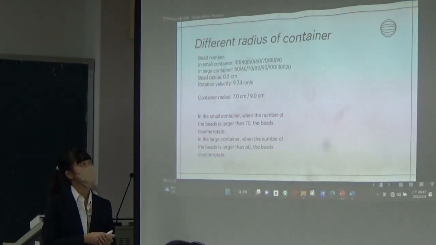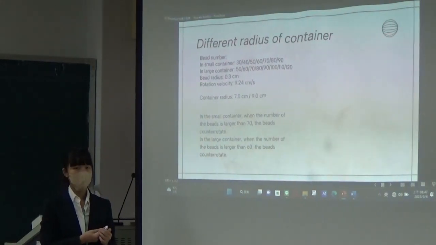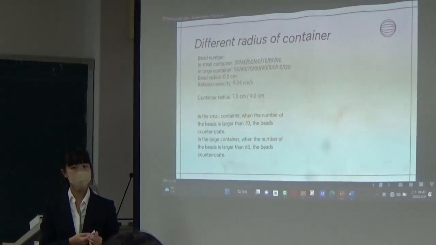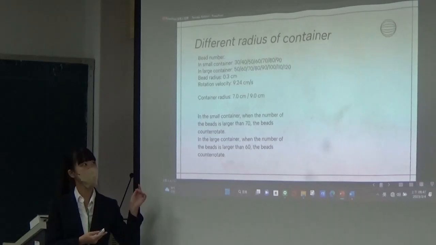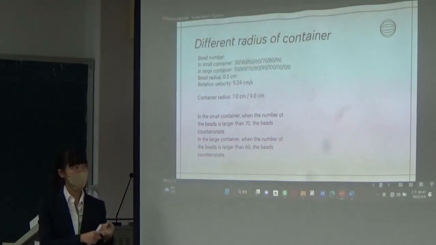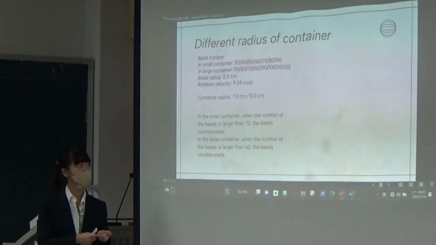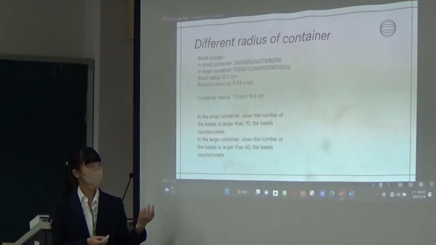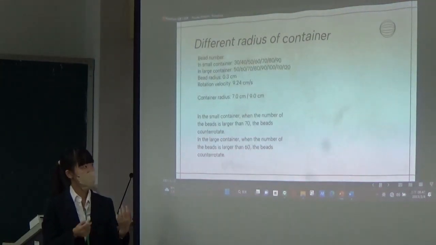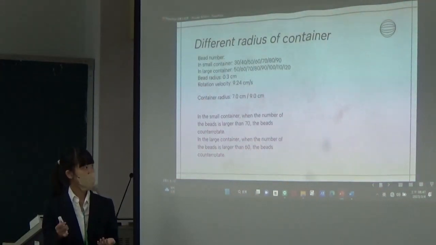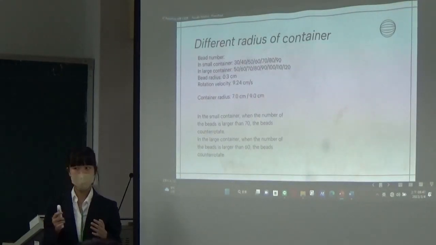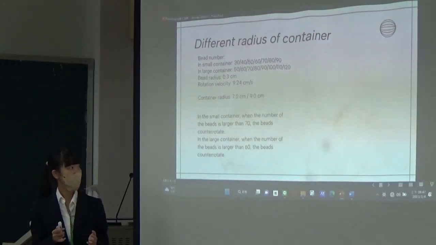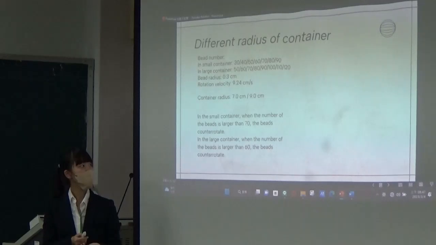Container radius is the independent variable. In this experiment, we use 7 centimeters and 9 centimeters. And we found out that in the small container, when the number of beads is larger than 70, the beads counter-rotate.